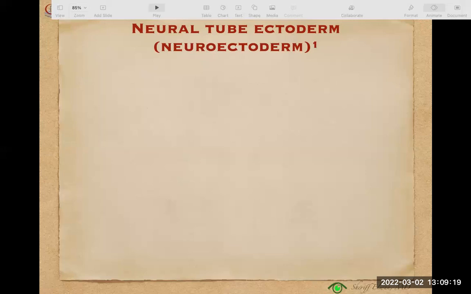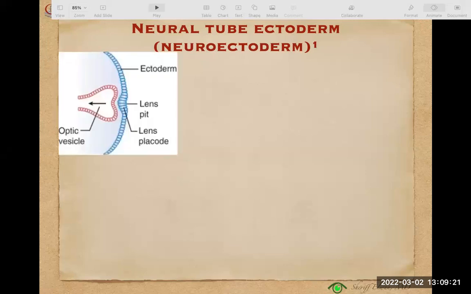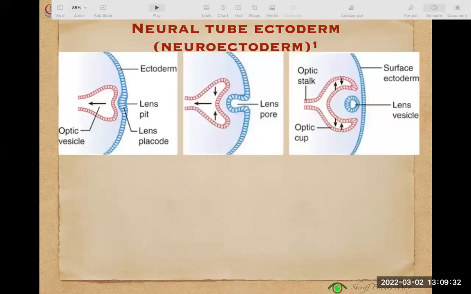The neuroectoderm is the part of the ectoderm that is separated to form the neural tube. As we can see here, at the start of the embryo, two optic vesicles form, and we are going to see more details.